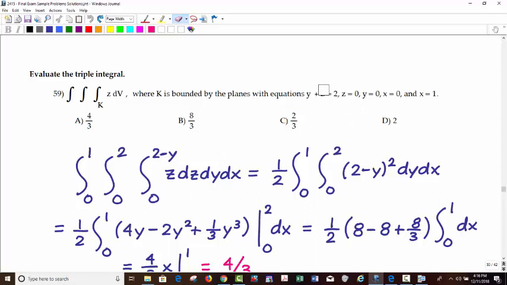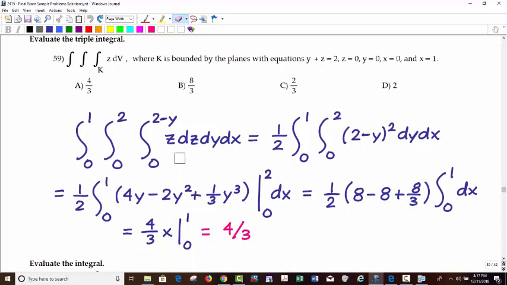Because if you put in 0 here for z, once you've used the variable, you can zero it out. So you have y equals 2. So it goes from 0 to 2, and then x is going from 0 to 1. And so we're starting with z. So I skipped a step here.